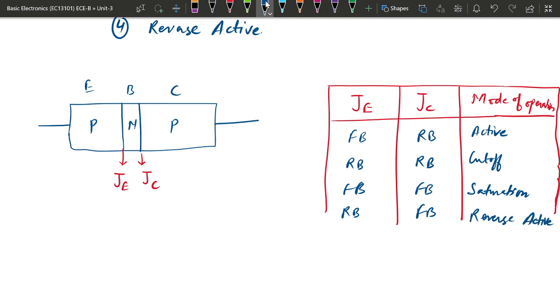So these are the different modes of operation of BJT. If it is in active mode, then the BJT can be worked as an amplifier.